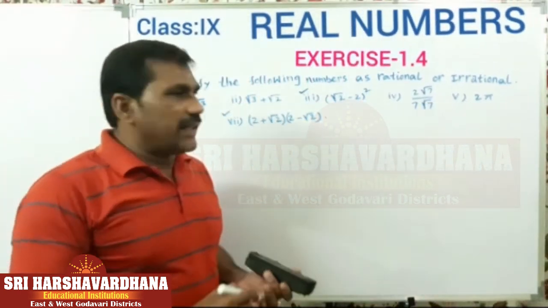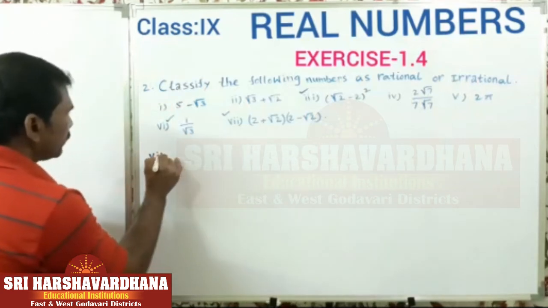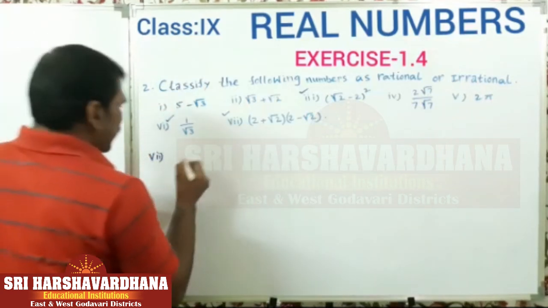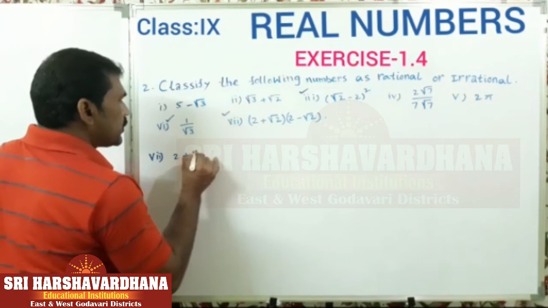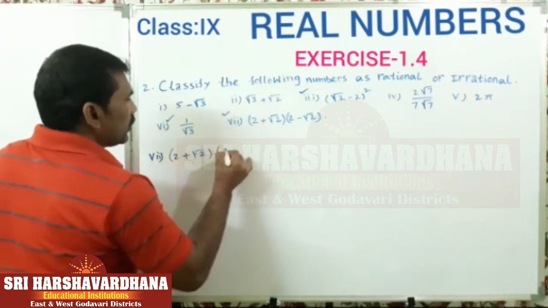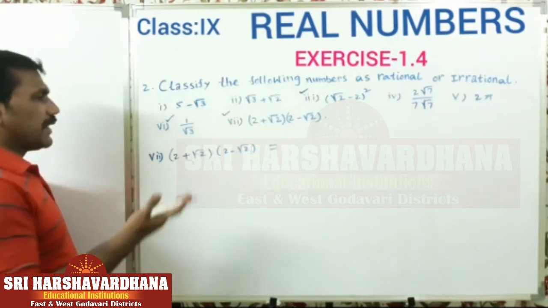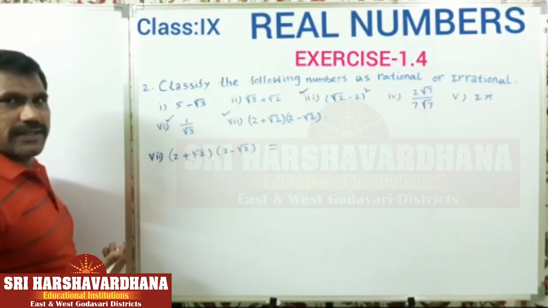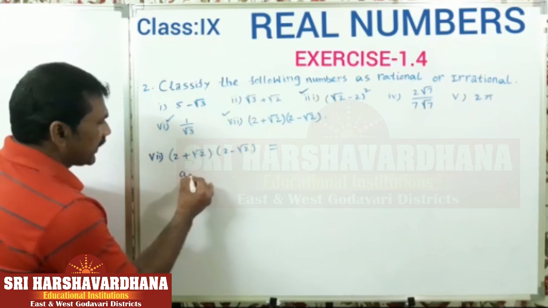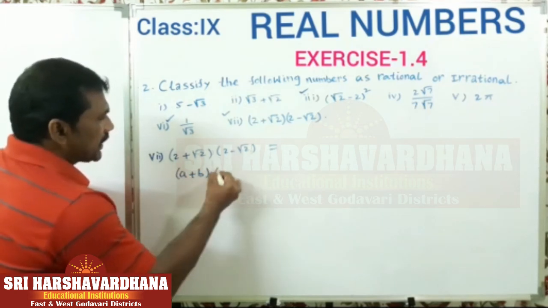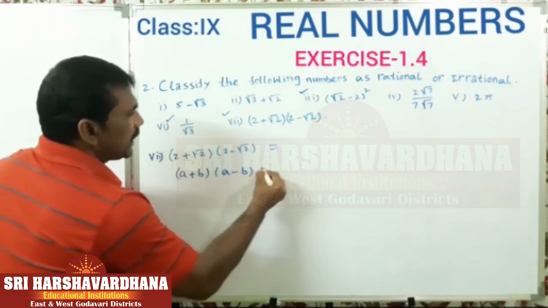Now I will explain the 7th problem. The 7th problem is 2 plus root 2 into 2 minus root 2. Children, observe these two expressions. These two expressions are in the form of a plus b into a minus b.